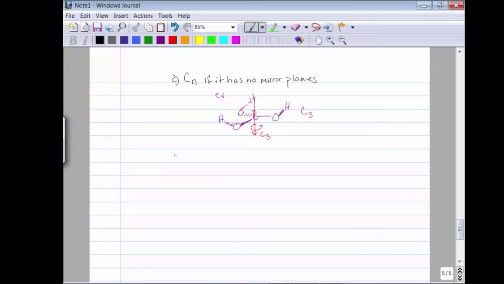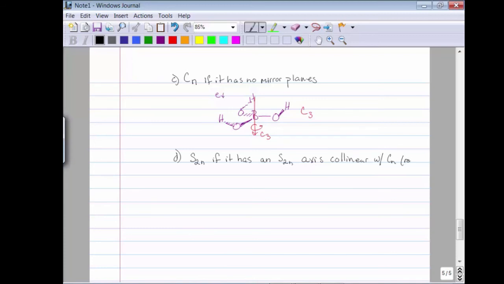And the last thing for the single axis groups, if it has an improper rotation, it's S2N. Yes. If it has an S2N axis collinear with CN.